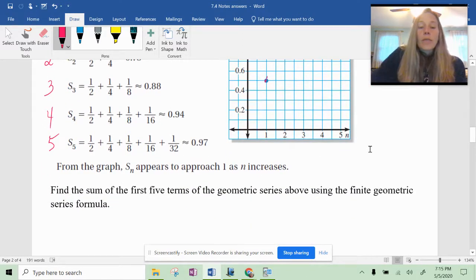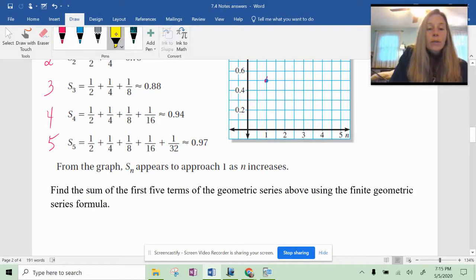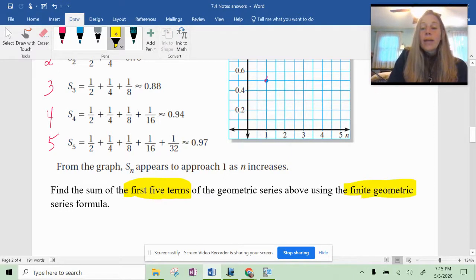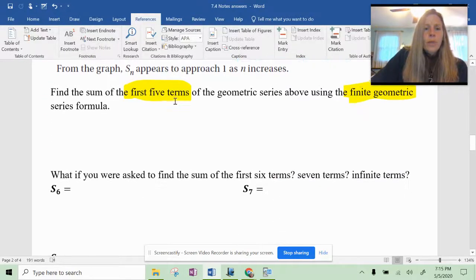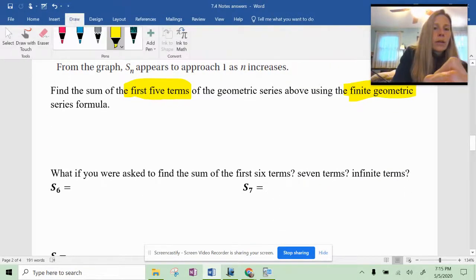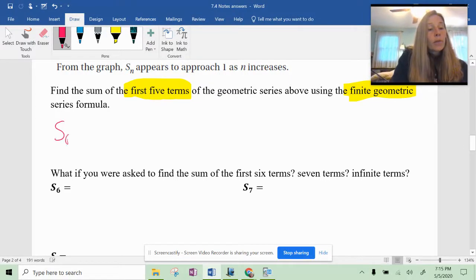Now, find the sum of the first 5 terms of the geometric series above using the finite geometric series formula. As we showed on the last page, we know the formula from the notes in 7.3 for the finite geometric series is this here.